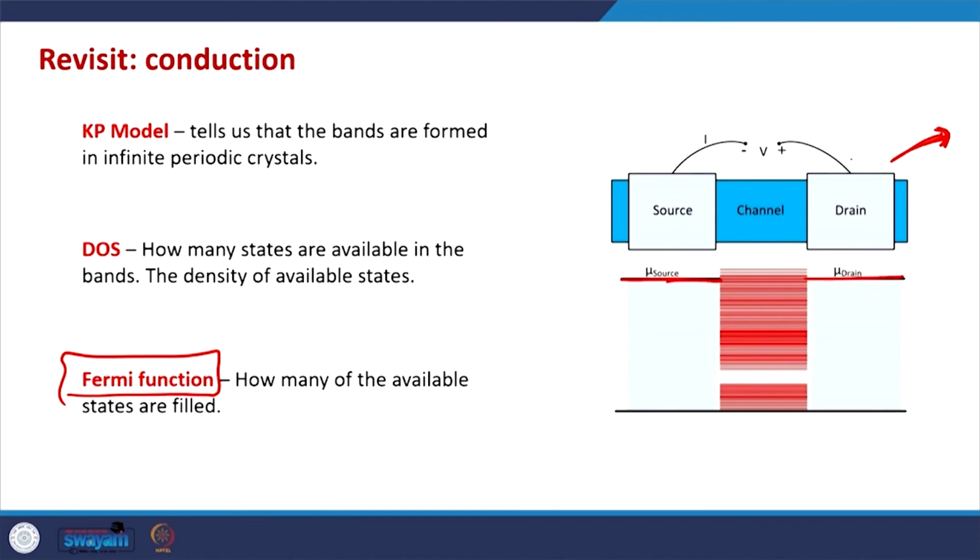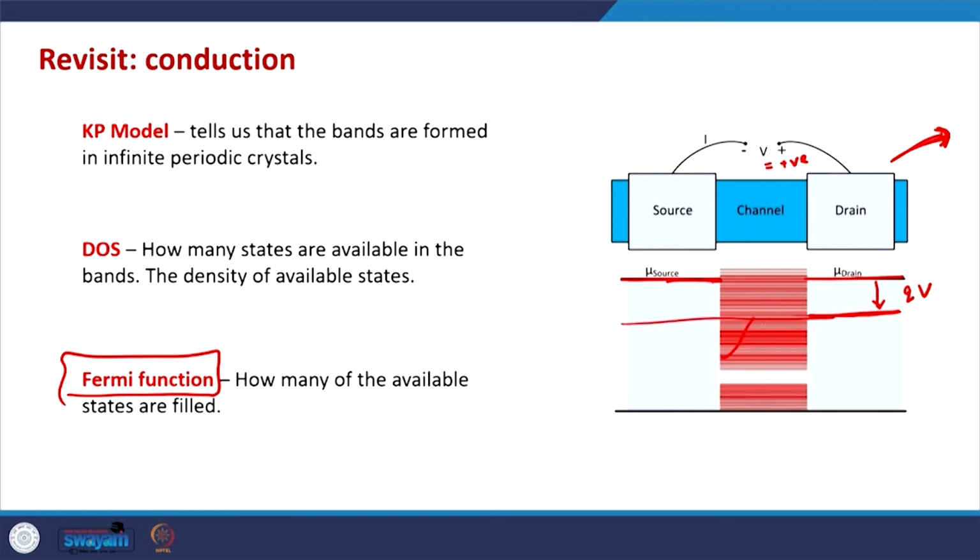If we apply a voltage here, V becomes positive, the drain Fermi level will go down by a value of Q times applied voltage, and the source Fermi level will try to fill all the electronic states up to its level, the drain Fermi level will try to fill all electronic states up to its level.